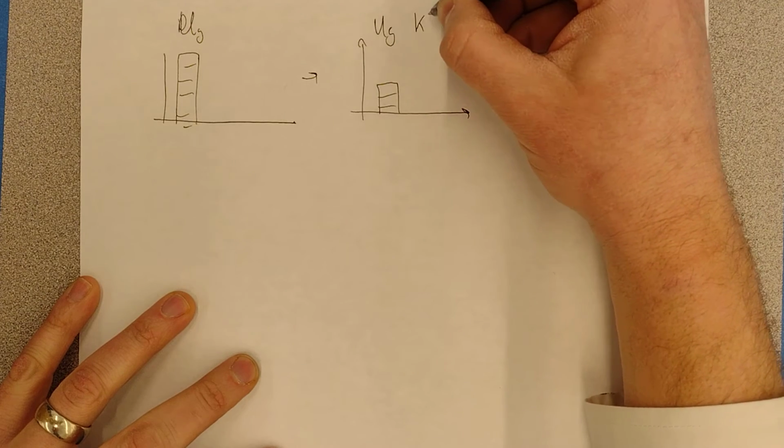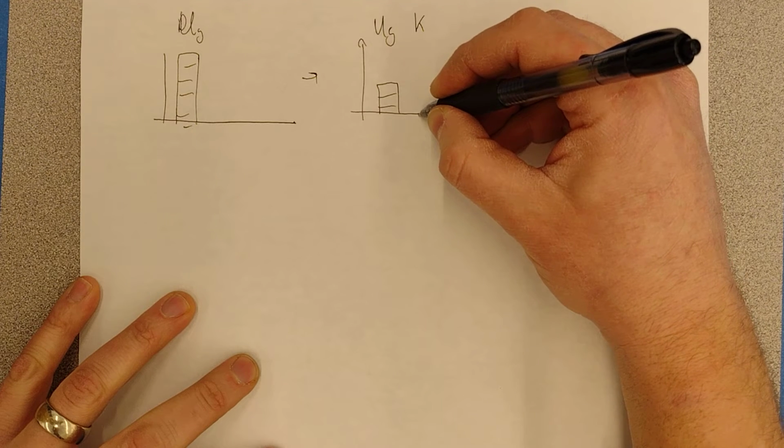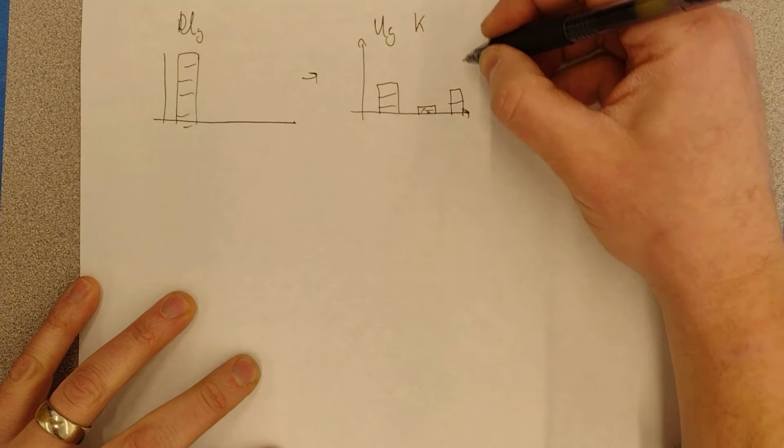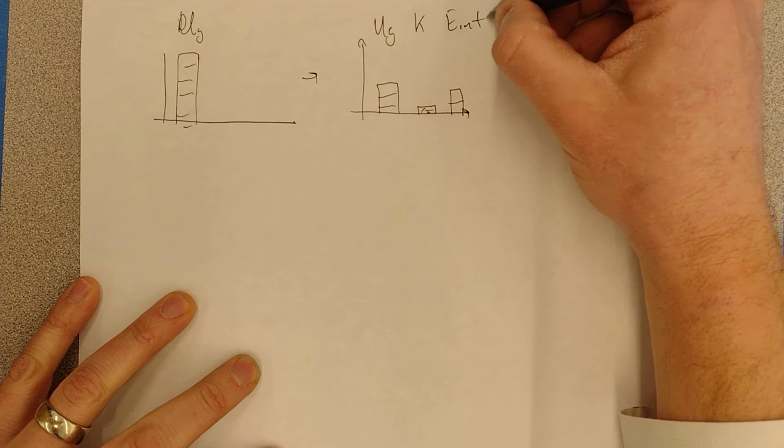Let's say it ends up with some KE, maybe 1 unit of KE, but then 2 units of E internal.